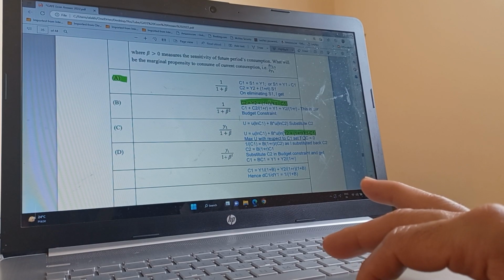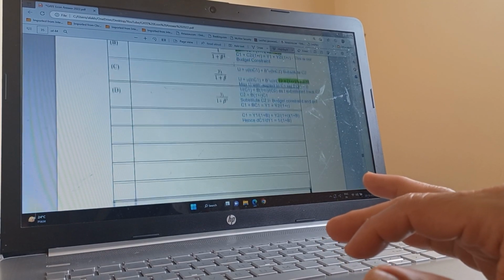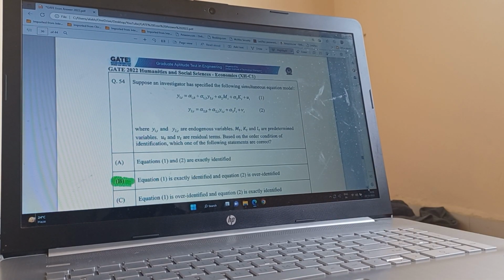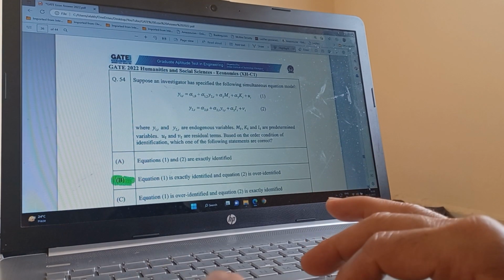Now I go to the next question. Suppose an investigator has specified the following simultaneous equations: y1t is equal to alpha10 plus alpha12 y2t plus alpha2 mt plus alpha3 kt plus ut, and y2t is equal to alpha20 plus alpha21 y1t plus alpha3 it plus vt.